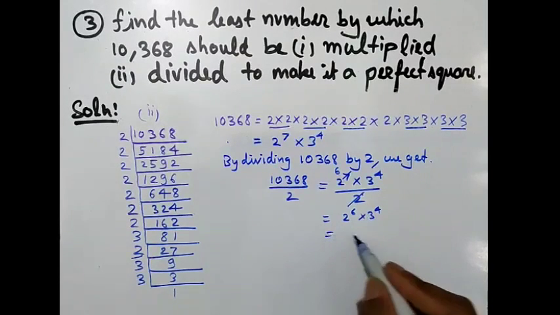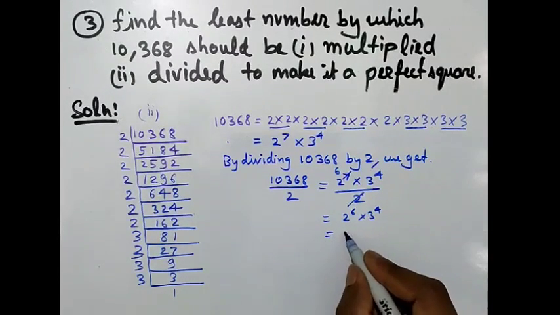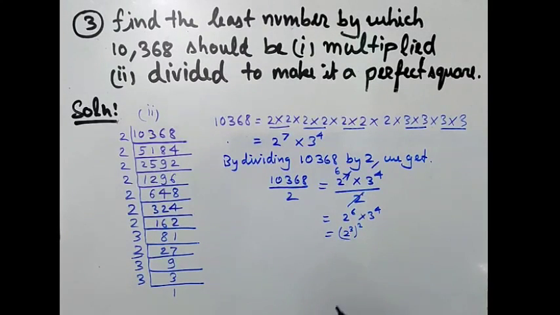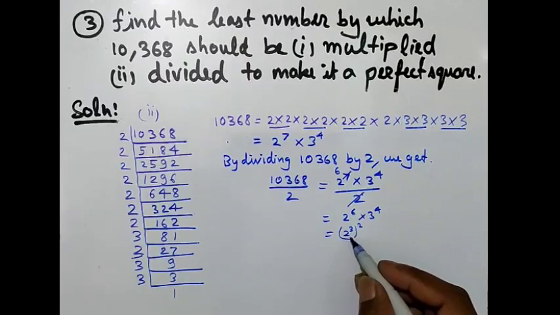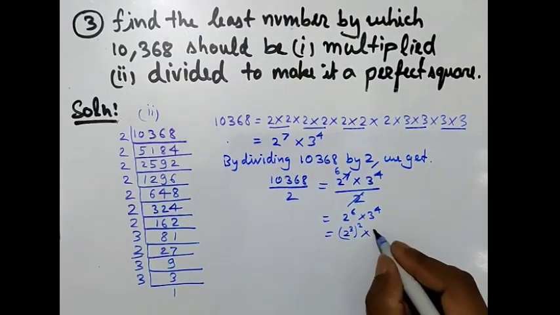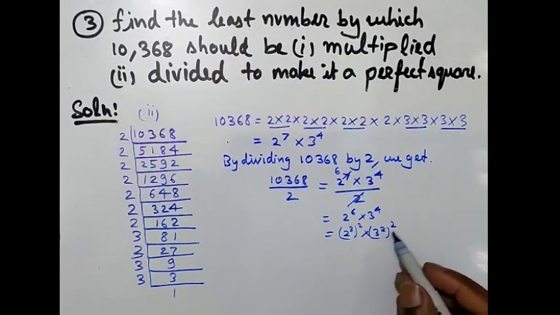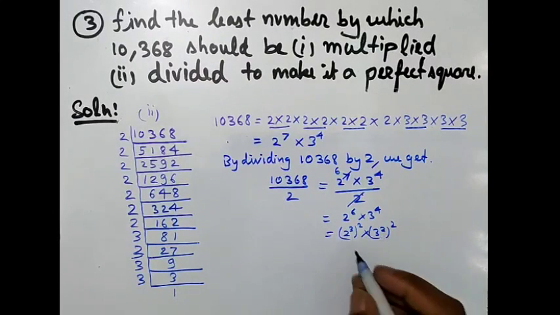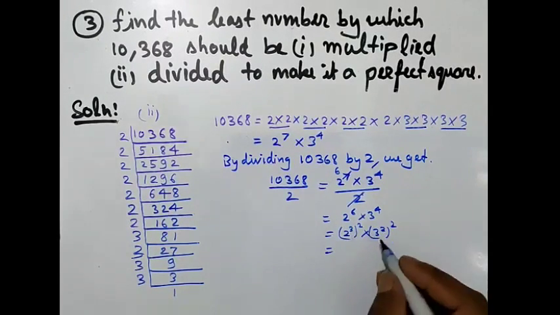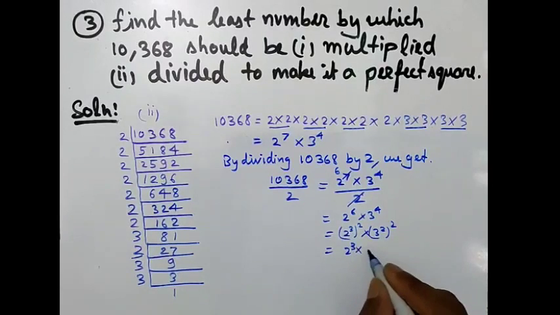Now we can take the square common. So this will become 2 to the power 3 whole square, since 2 times 3 is 6. That means 2 to the power 6 into 3 square whole square, so 2 to the power 4, 3 to the power 4. So now let's take the square common: 2 to the power 3 into 3 to the power 2, whole square.